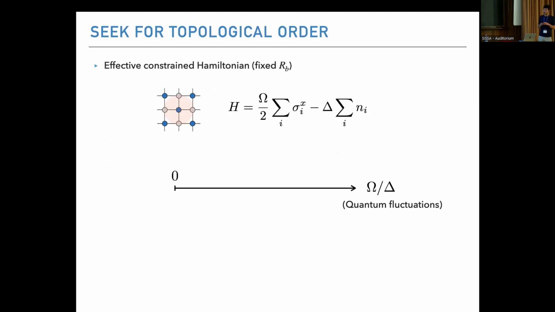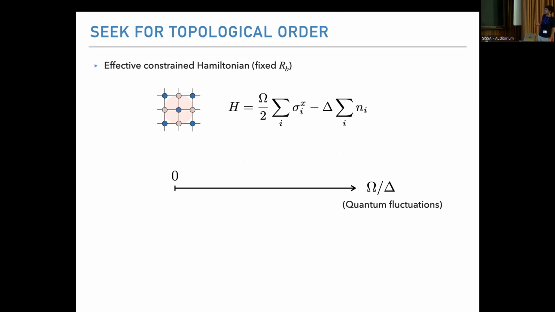So let me try very briefly to explain why on the square lattice there is nothing like those states. If you now consider only this Hamiltonian with no interaction, because I'm already assuming that there is a hard constraint at this radius here, which means I can't excite two Rydberg atoms close to each other within this radius.